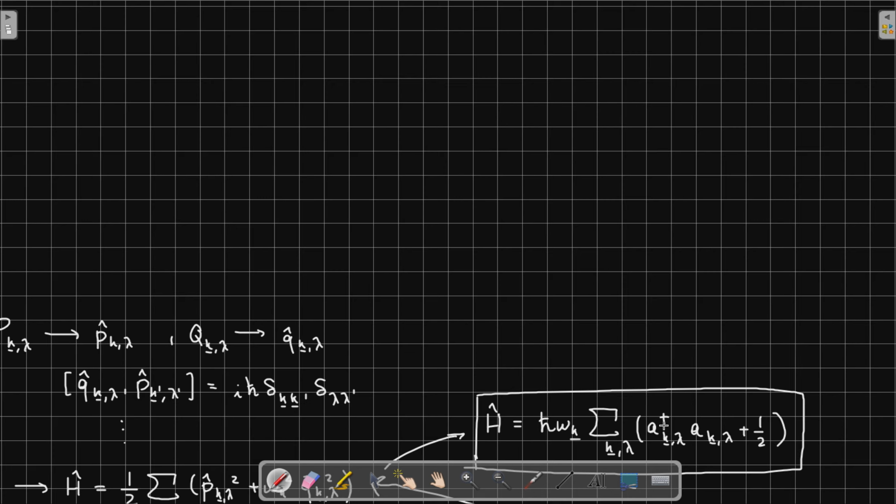This is very easy to do because I defined the real amplitude a_kλ^R to be equal to q_kλ over 2 square root of epsilon 0, and also the imaginary part to be equal to, oh sorry, no, these are classical, but when I quantize the Hamiltonian, I turn this into an operator.